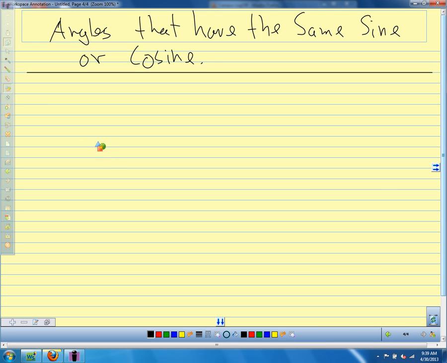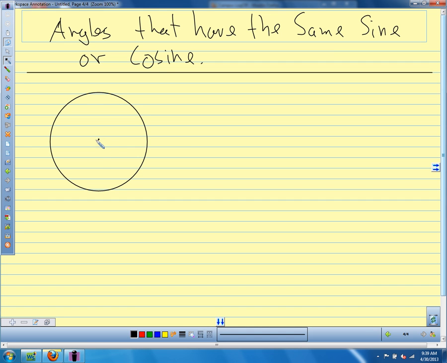So here's our unit circle. We'll talk about the sine first. We're on the unit circle. So there's my unit circle. And here's my point. We'll call this point P again.